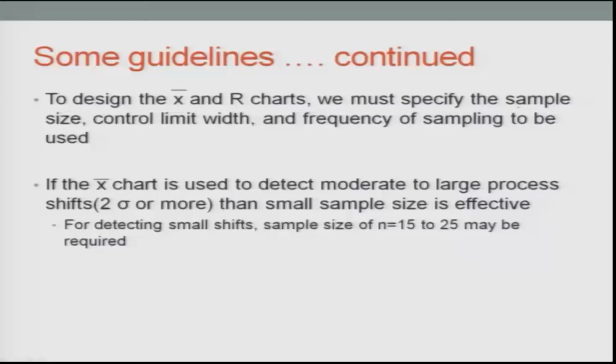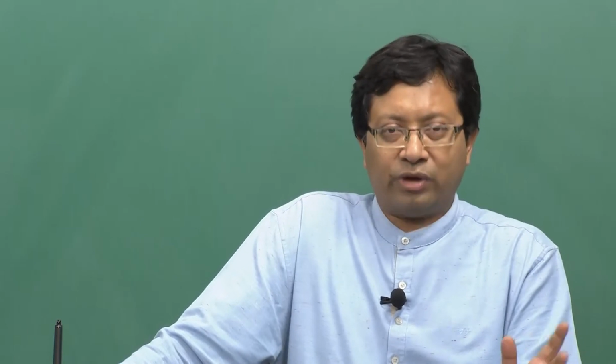For detecting small shifts, the sample size can be in the range of 15 to 25. So, we will have the m size also depending on that, such that the overall number of observations, n into m, in the long run mimics the population parameter or characteristics to the maximum possible extent.